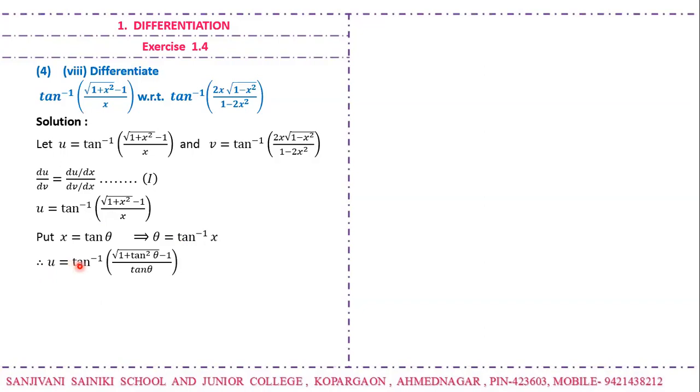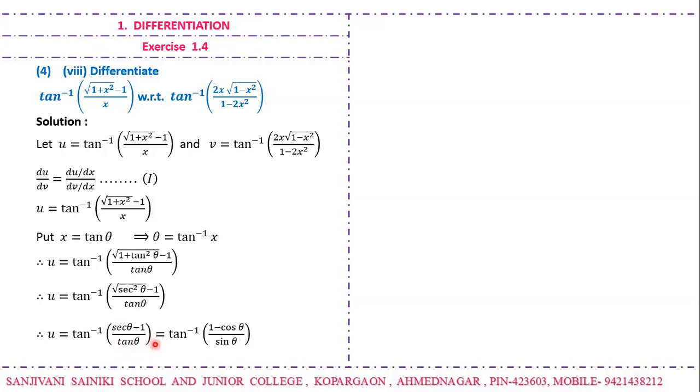So u is equal to tan inverse of root 1 plus tan square theta minus 1 upon tan theta. But 1 plus tan square theta is sec square theta, and its square root is sec theta. So what you got? Sec theta minus 1 upon tan theta. Now this sec theta can be written as 1 upon cos theta, and this tan theta can be written as sin theta upon cos theta.